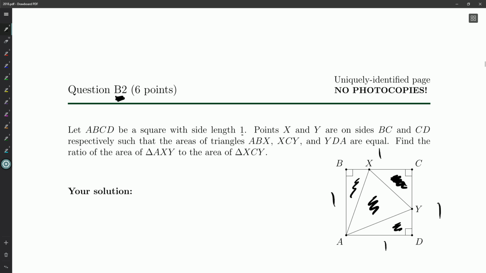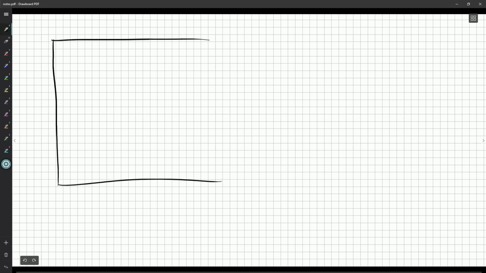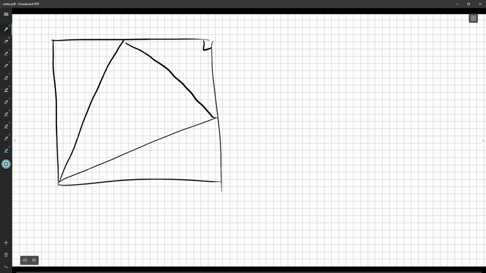Okay, all right. So, what can we do? Well, the first thing I'm going to do is draw a picture so that I can mark it as I see fit. I notice I have a whole bunch of right angle triangles.